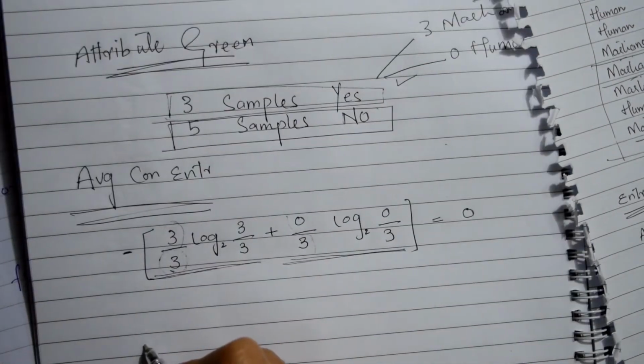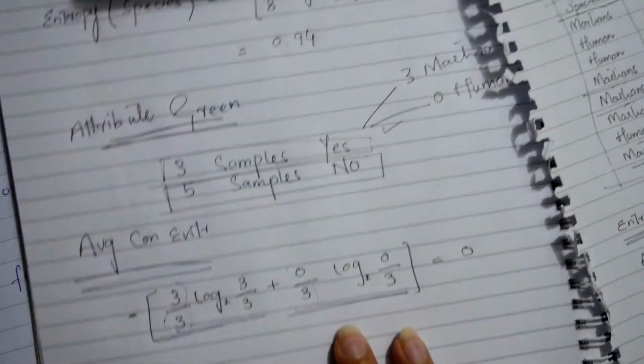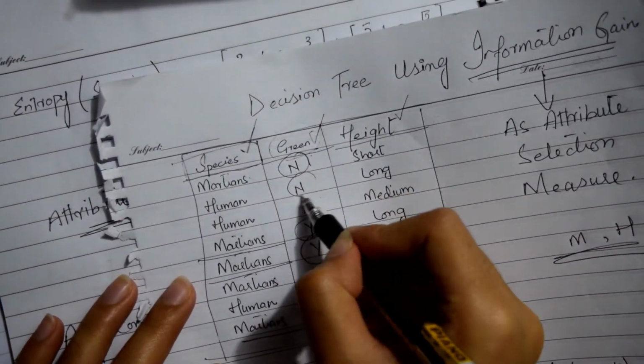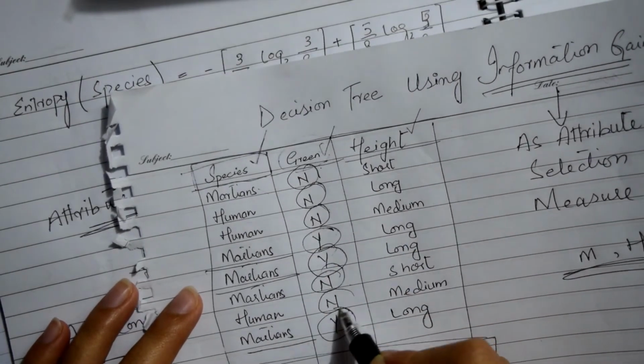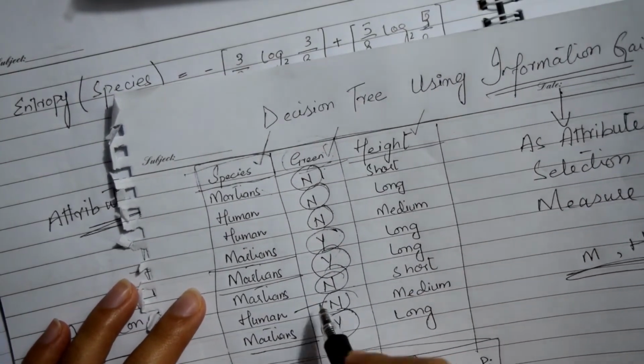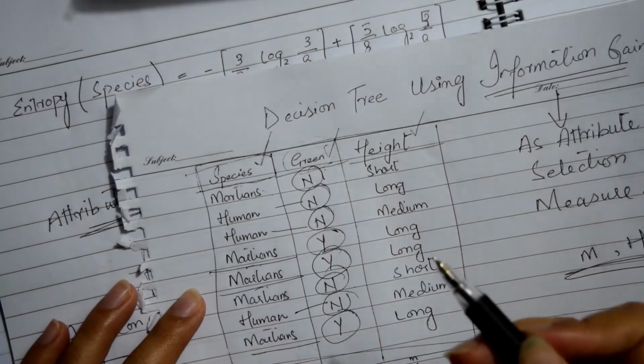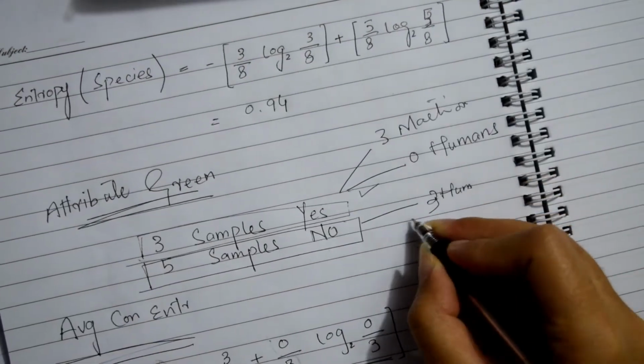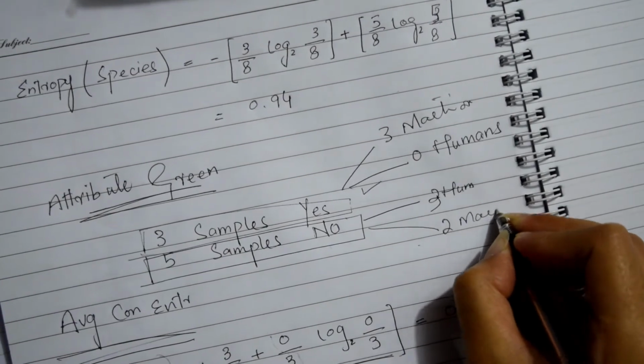Now for the 5 samples of no, we have 3 humans and 2 Martians.